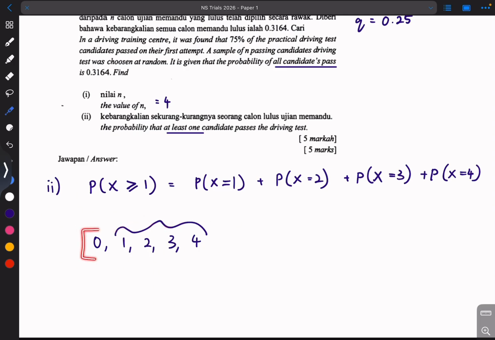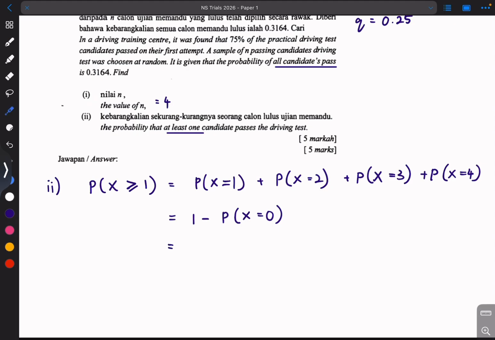Okay, so if you find all the probabilities and add up, you will get 1. So the total probability minus the probability of 0, we will get this. So here I can write, this is also equal to 1 minus P(x equals 0).